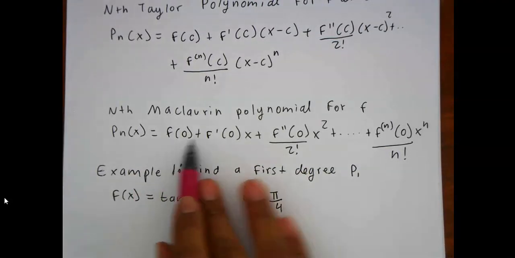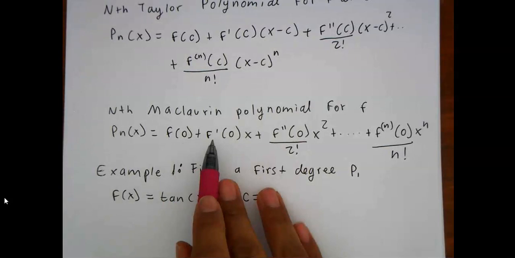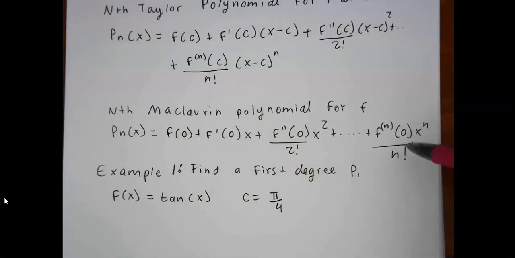So f of 0 plus the first derivative at 0 times x, and then the second derivative at 0 divided by 2 factorial times x squared, and you keep going to the nth derivative at 0 over n factorial times x to the n. Okay, so I'm going to do two examples, one with the Taylor polynomial and the other one with the Maclaurin polynomial.